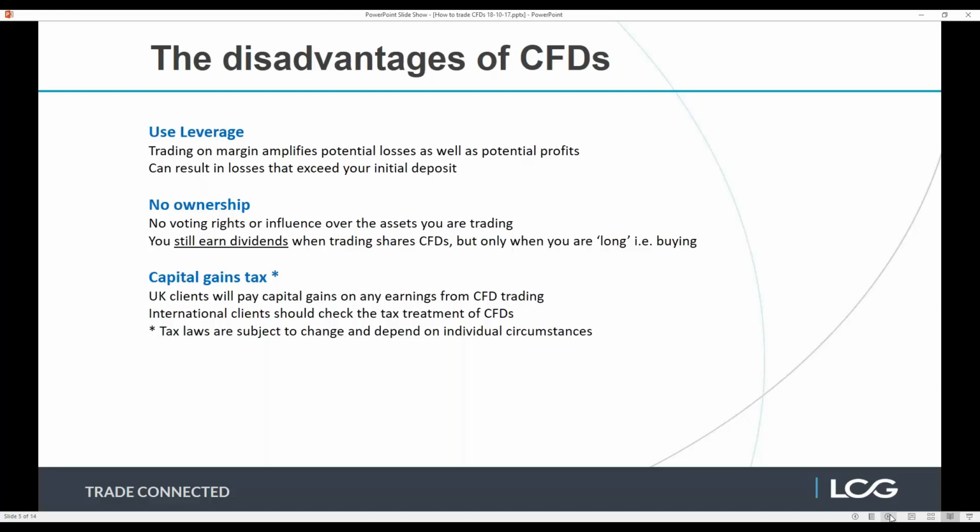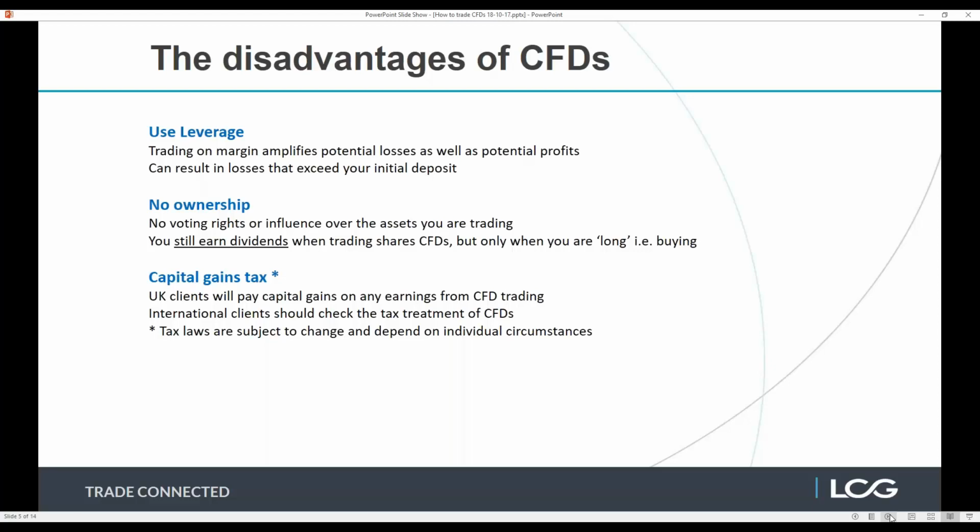Not such an issue for smaller traders where really the size of your trades is a splash in the ocean anyway. And one thing to note is that you still earn dividends when you're trading CFDs, but only when you're long, i.e. buying. Makes sense, right? You're not going to get dividends for shorting a company, for betting the shares go down.